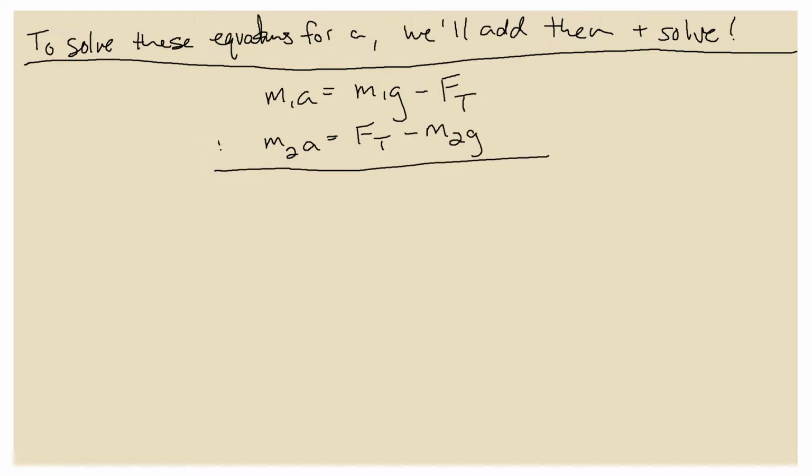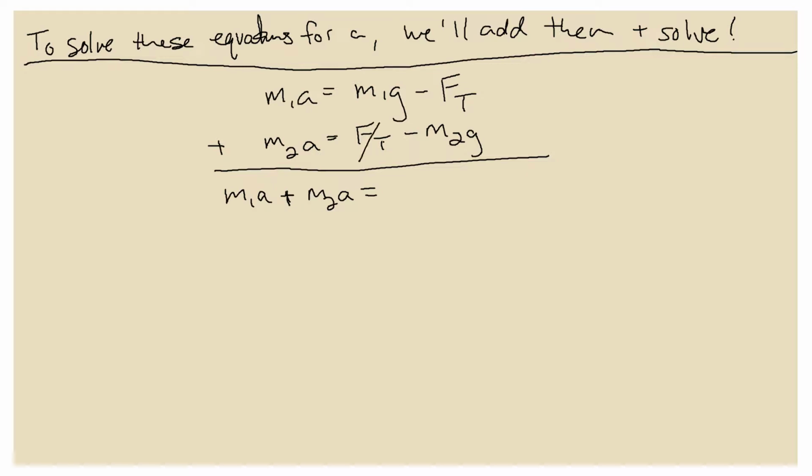Okay, cool. So on the left side, I have M1A plus M2A. You see how this is an FT that is positive and this one is negative?